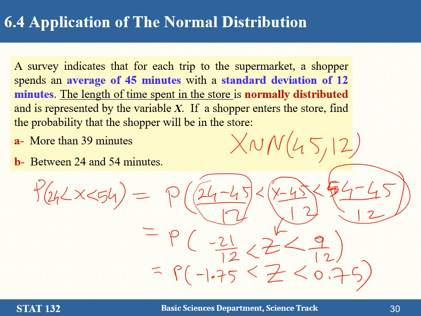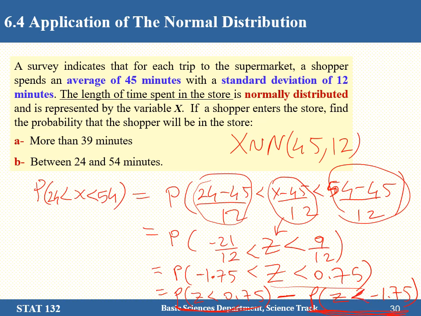Now we have to find this one. As you know, this type of probability we can do this way. First, we write the probability that Z is less than 0.75, minus the probability that Z is less than negative 1.75. For these, we refer to the table.